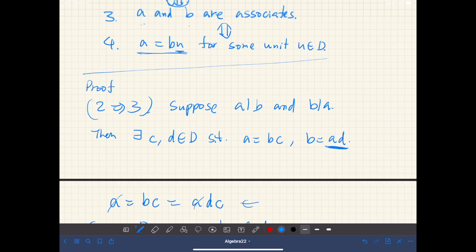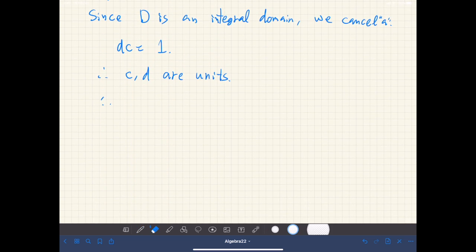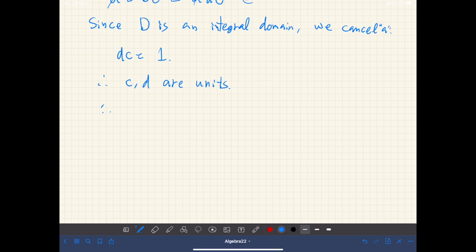Therefore, since we can write it like this, A and B are related in this way. So by definition, A and B are associates. And we are done.